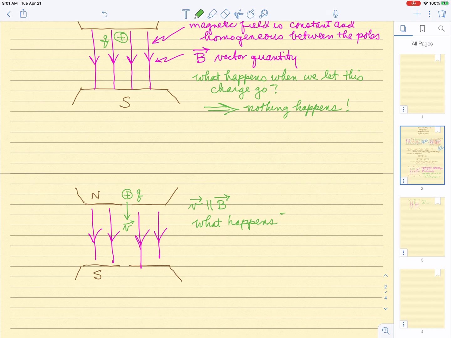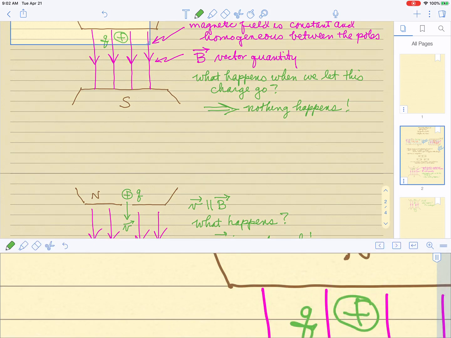And again, interestingly enough, if we were to analyze the velocity with which this charged particle exits the south pole, we would realize that the velocity is unchanged. That is, neither the magnitude nor the direction has changed.